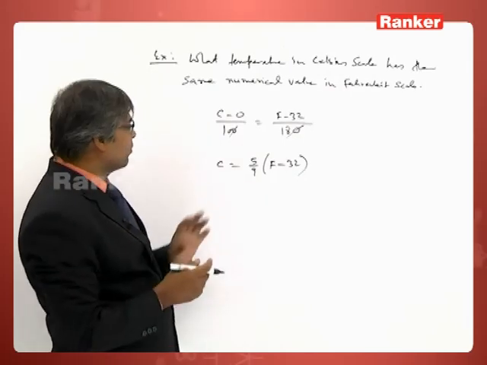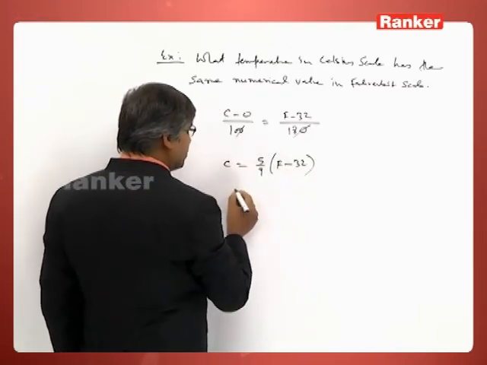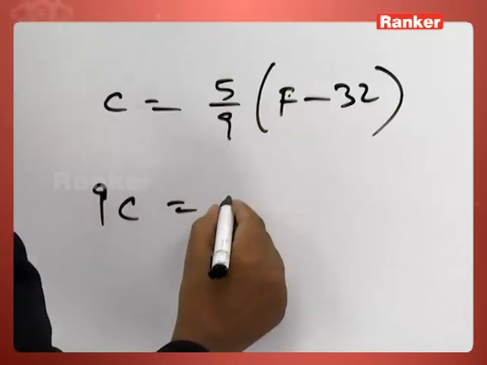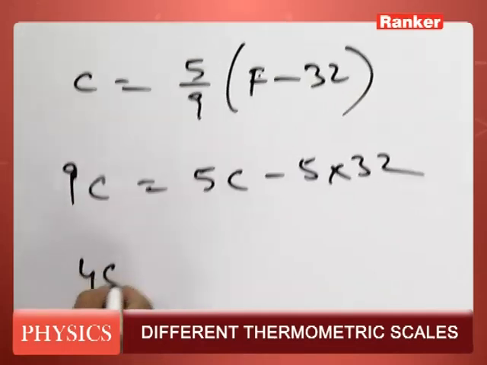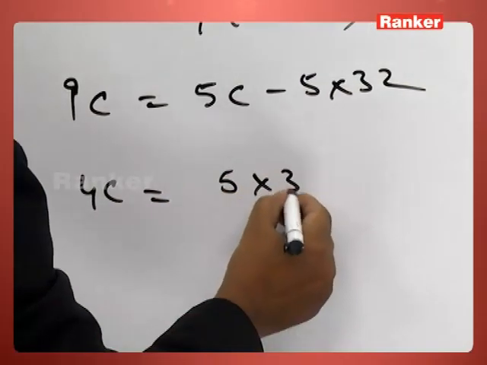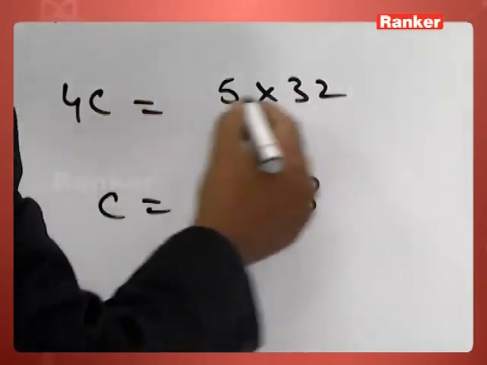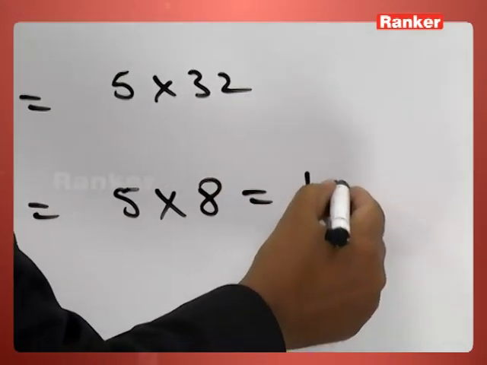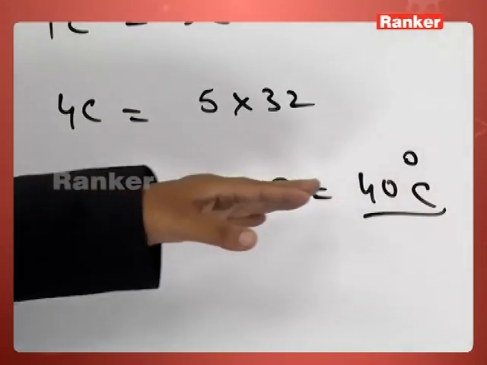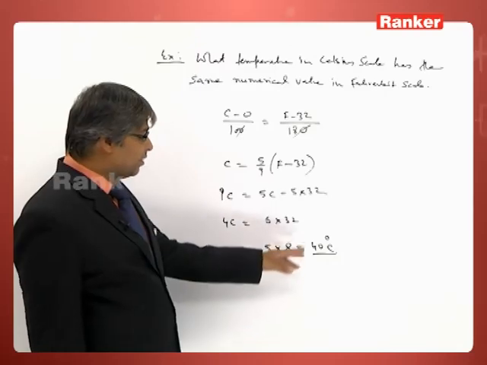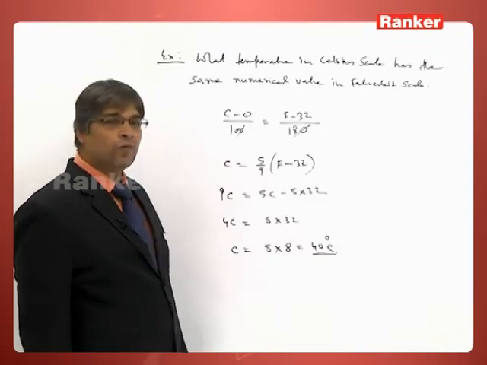Suppose we want the value of C that equals F, that means F is also C. So I will write 9C is equal to 5C minus 5 into 32. So this becomes 4C is equal to 5 into 32. So C becomes 5 into 8, that is minus 40 degrees Celsius. That means for 40 degrees below zero in Celsius, its temperature in Fahrenheit will also be 40 degrees below zero.